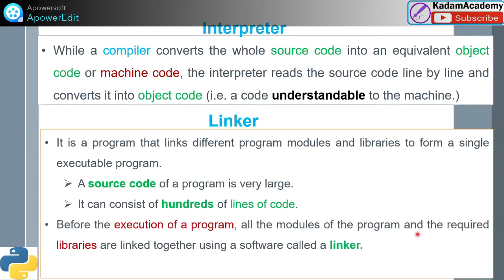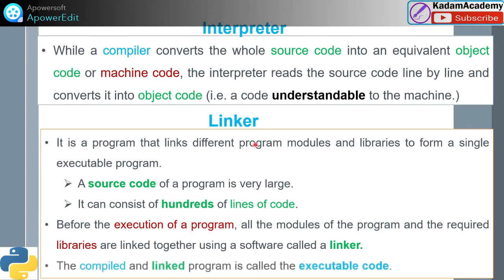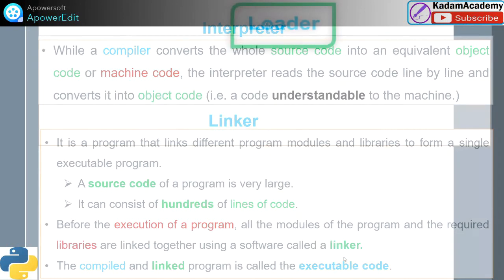All the modules of the program and the required libraries of supporting programs are linked together using this software called the linker. Lastly, the compiled and linked program is called executable code.